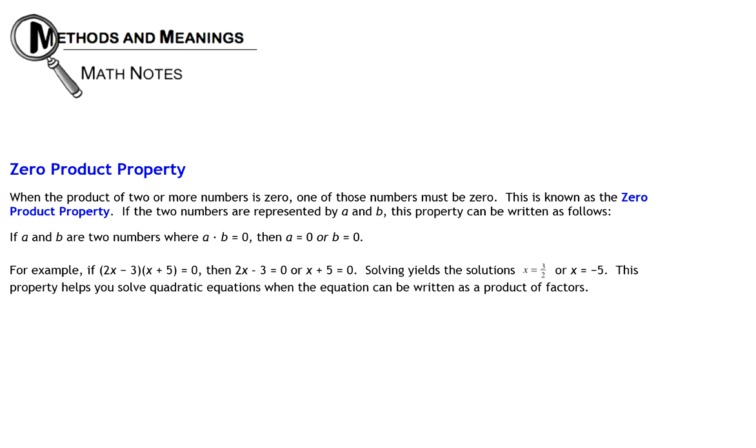For example, if I have the factored form of a quadratic, 2x minus 3 times x plus 5 equals 0, then either 2x minus 3 is 0 or x plus 5 is 0. If I solve for both of those, I get that x is either 3 halves or x is negative 5. This property helps you solve quadratic equations when the equations can be written as a product of factors.